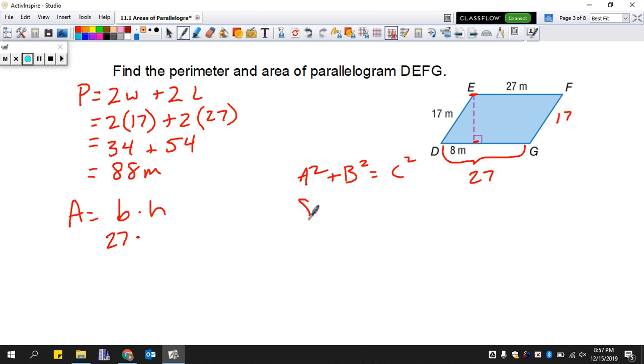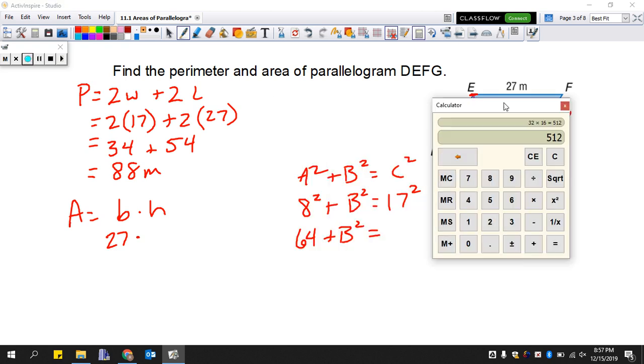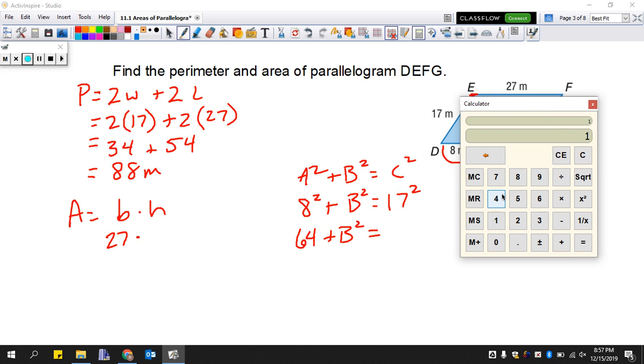That's 8 squared plus b squared is equal to 17 squared. 8 squared is 64, plus b squared is equal to 17 squared. I don't know what 17 squared is, so we're going to plug it in. 17 squared is 289.